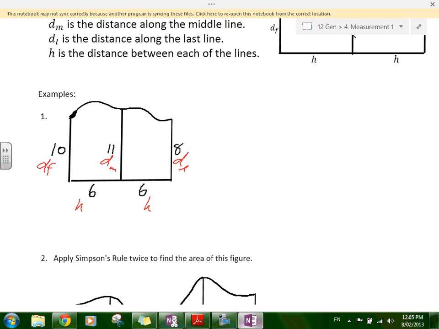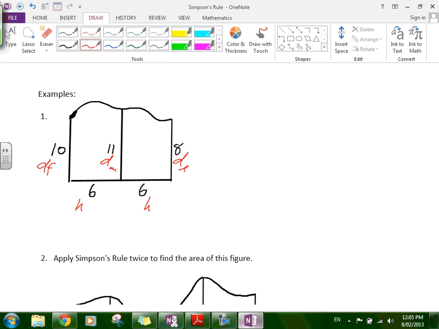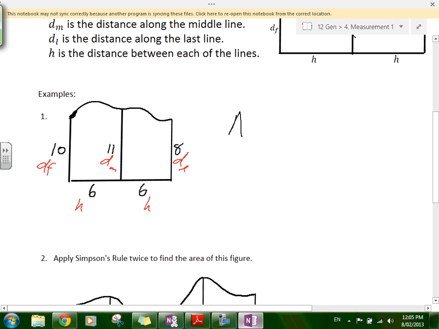So A is equal to H over 3, so it's 6 over 3, times DF, which is 10, plus 4 times 11, which is DM, plus DL, which is 8.